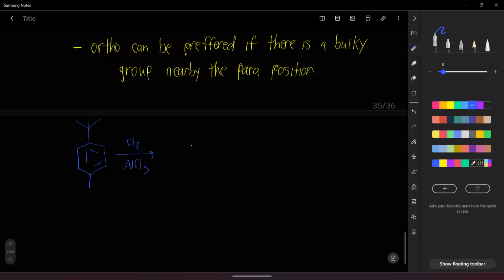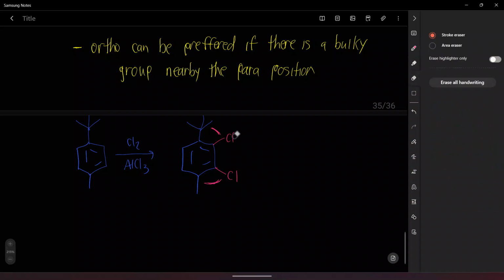Here there's essentially two options for where you could put this chlorine. You're going to wind up putting the chlorine here, and that's because it's closer to this methyl group. You would not put the chlorine here because it would be very close to this massive tert-butyl group. Hopefully that makes sense.